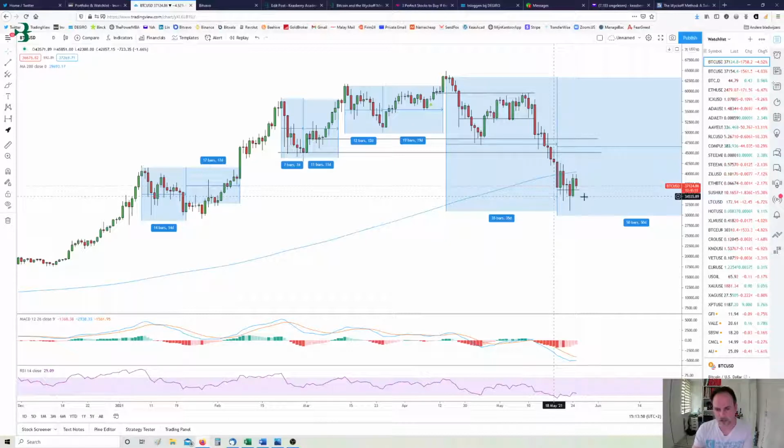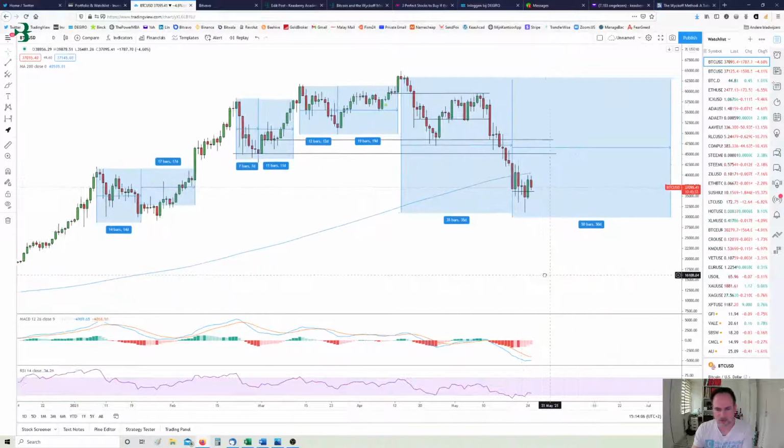So what I'd rather see than a quick retest of the resistance levels here is that this plays out more gradually, as we've seen in January. So you go to a new low, and then gradually it goes up towards the old high.